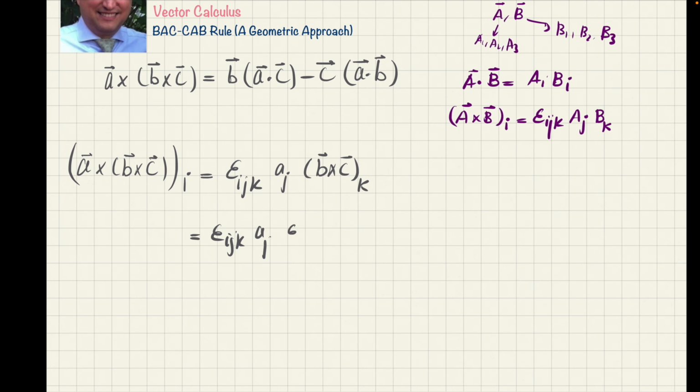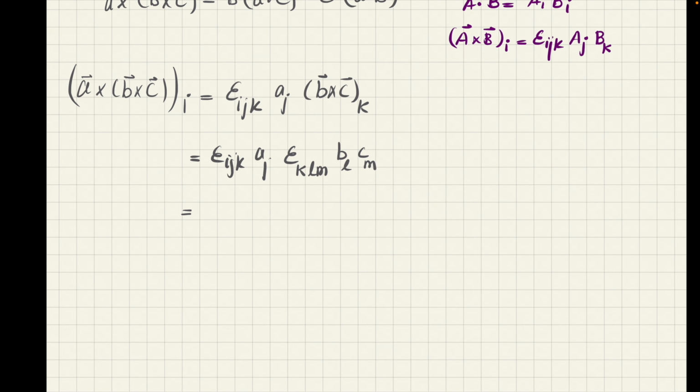So I should have a Levi-Civita symbol which starts with k, and then I have two other indices, for example L and M, and then I have B_L, C_M. Okay, but then what I can do, instead of epsilon ijk, I can write epsilon kij. They are exactly the same thing. And then I put epsilon klm next to it, and then I will have aj, bl, and cm.